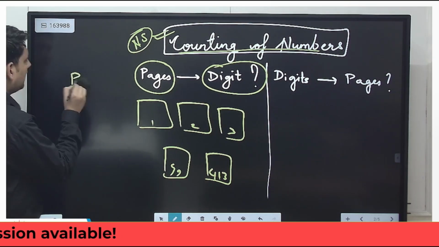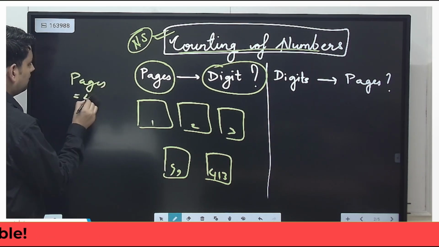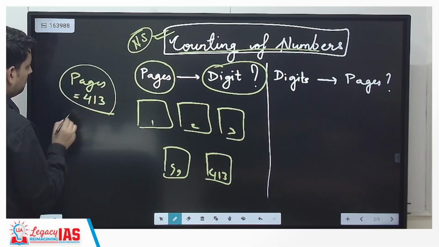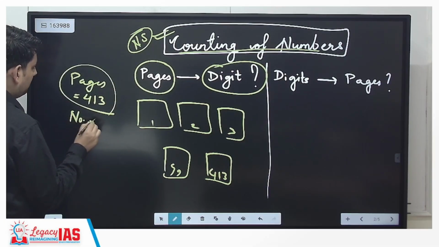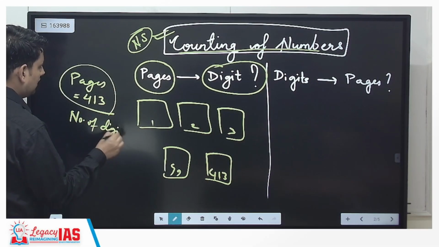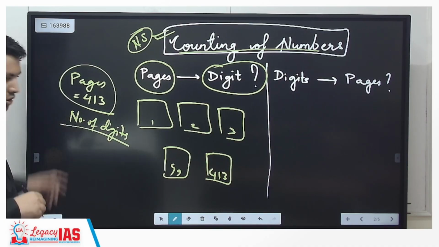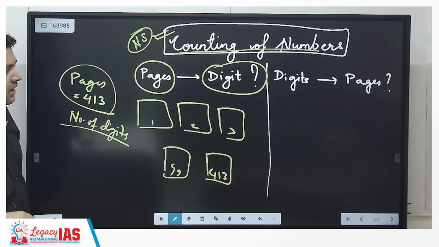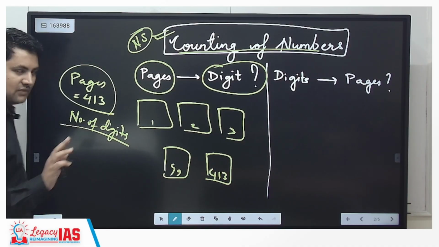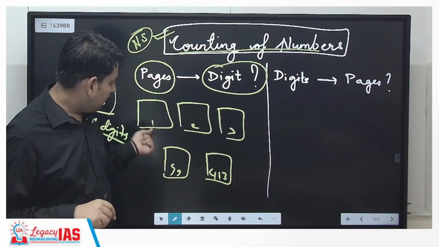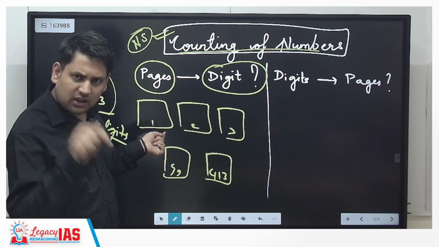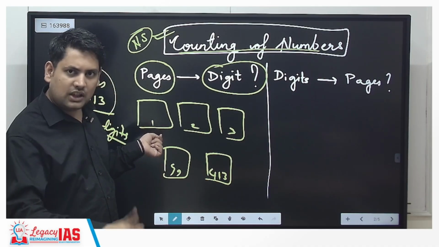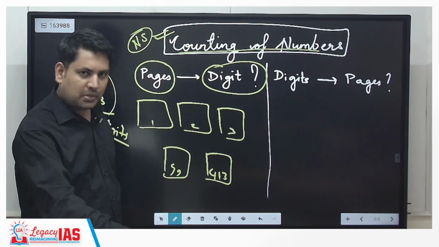So this book had pages equal to 413, but the number of digits that they used to write all these numbers is what? Just by intuition you can see, like for writing one you would need to press only one key, then for two only press two key, three.